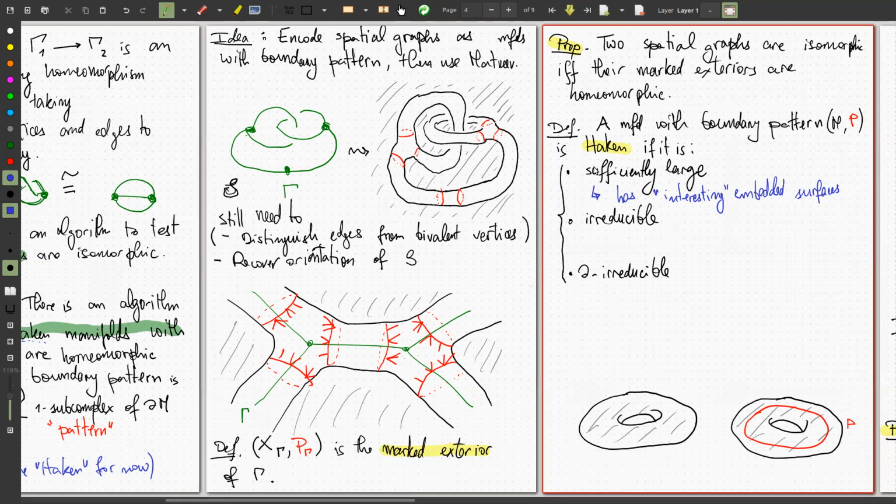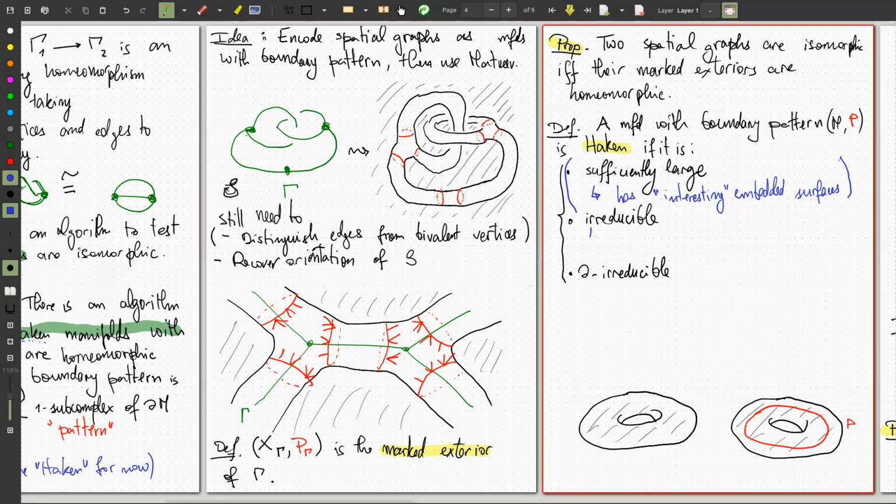The reason I don't want to talk about this is because this is not a serious problem for us. In almost all the cases, we can very easily satisfy this property. And when we don't, we're in a degenerate situation that's easy to resolve. So I don't want to focus on this. I'll just say that this requirement is easy to take care of. The interesting ones are the other 2.